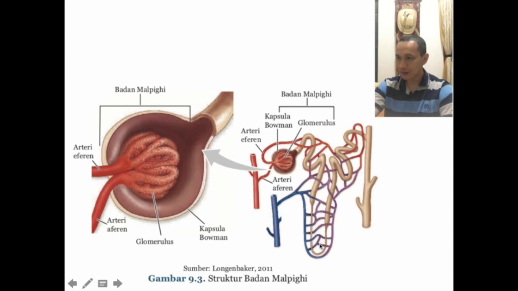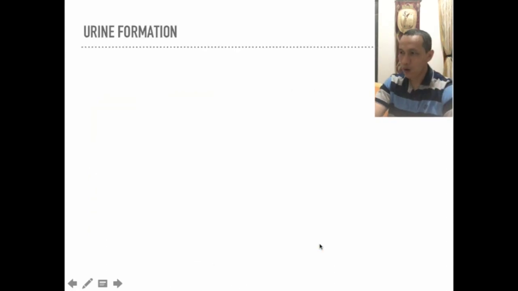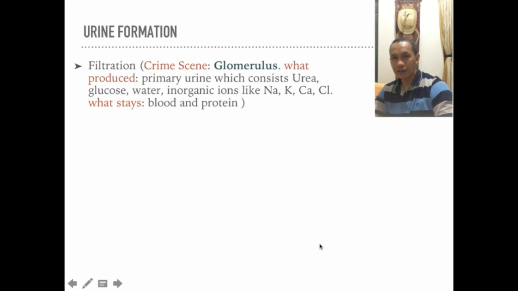Now let's discuss the processes that happen in urine formation. There are three processes. The first one is filtration, the second is reabsorption, and the third is augmentation. We'll talk about those one by one. Filtration happens at the glomerulus.